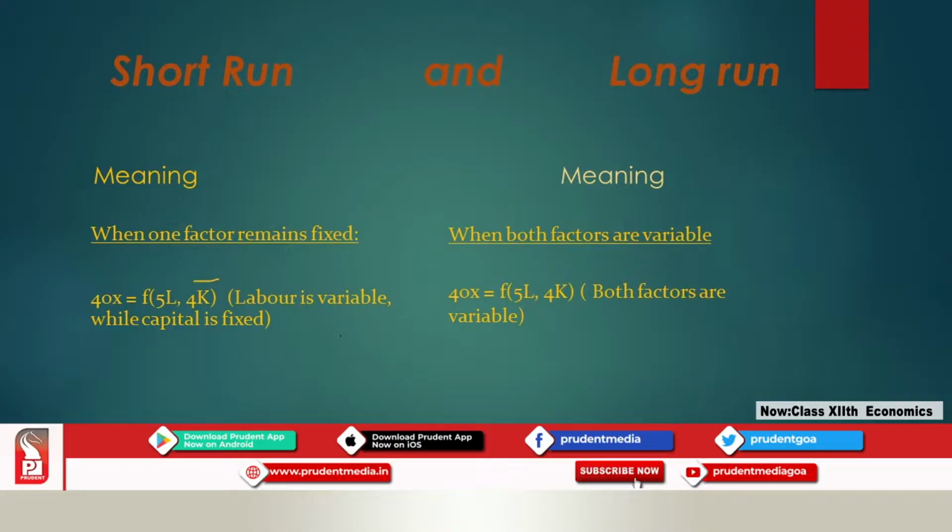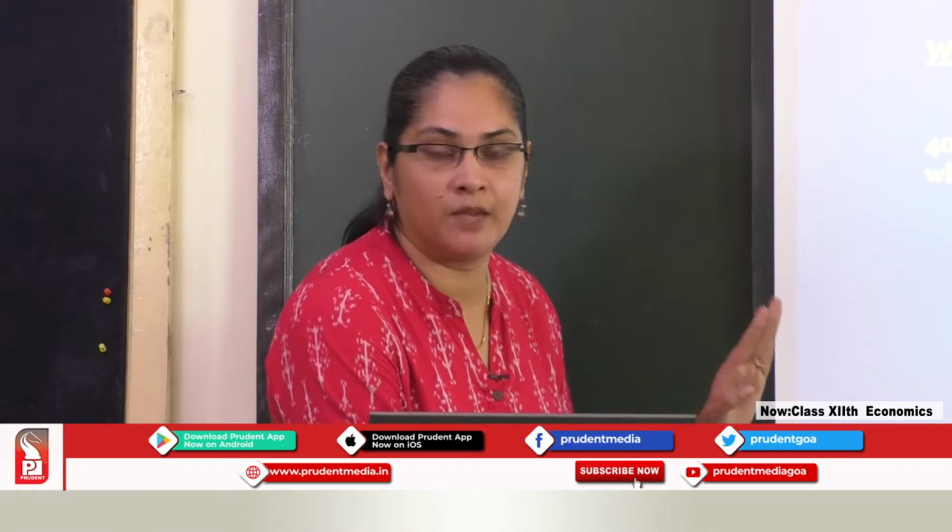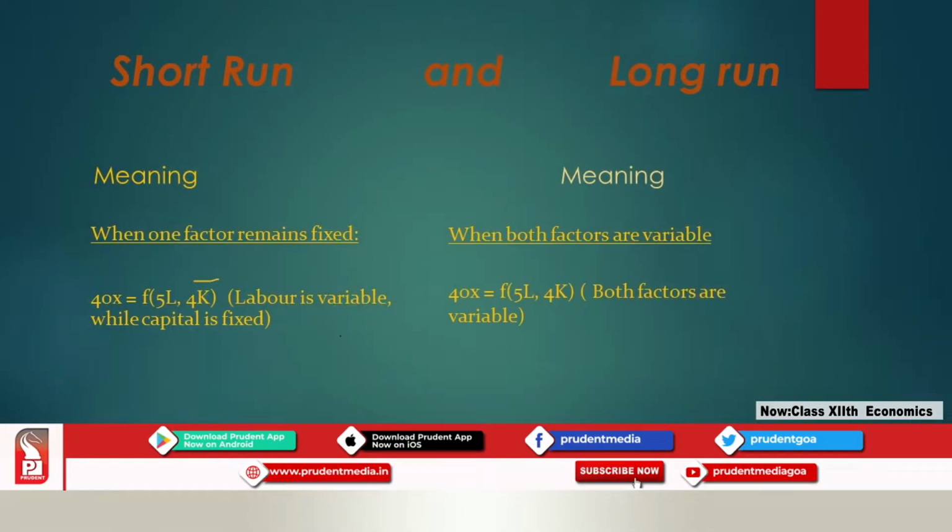So then 45 units is a function of 6 labor and 4 capital. Here capital is remaining the same because this is a short run time period and all the factors are not variable.